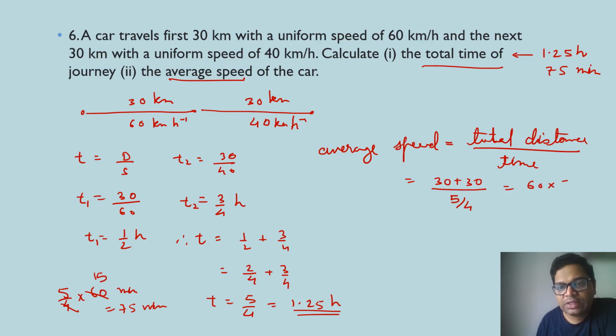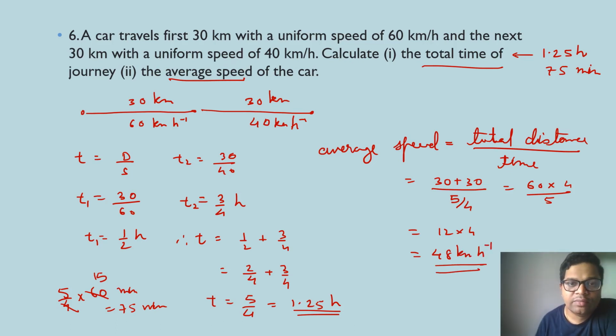So that will be 60 into 4 upon 5. So that will be 12 into 4, that is 48 kilometer per hour. Writing the unit is important. So we got the second answer as well. Okay, so moving ahead to the next question.